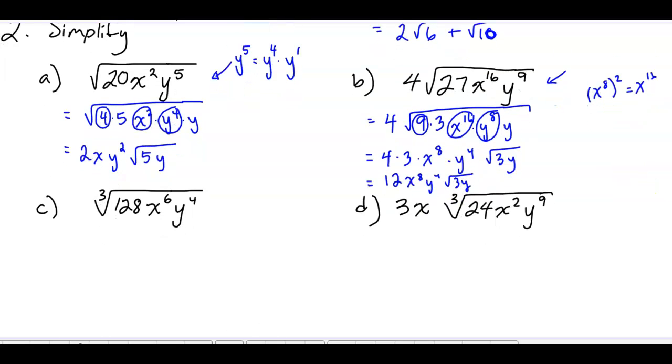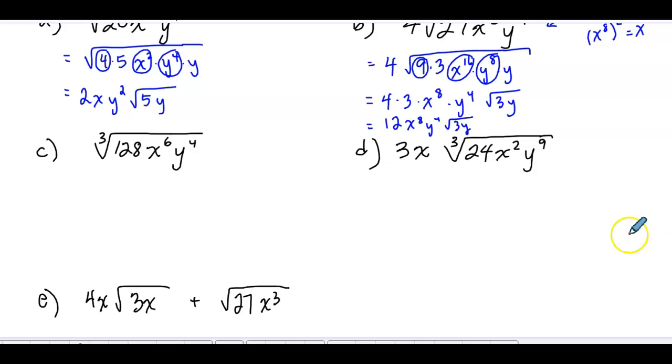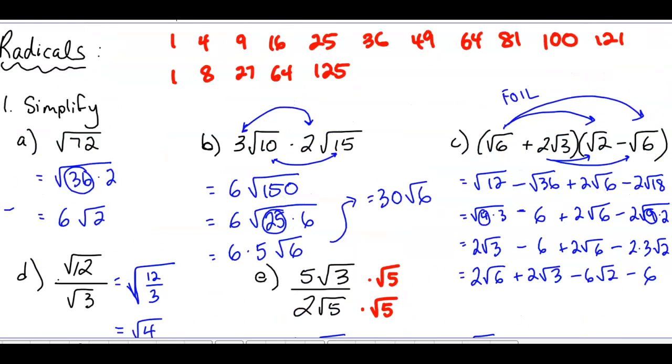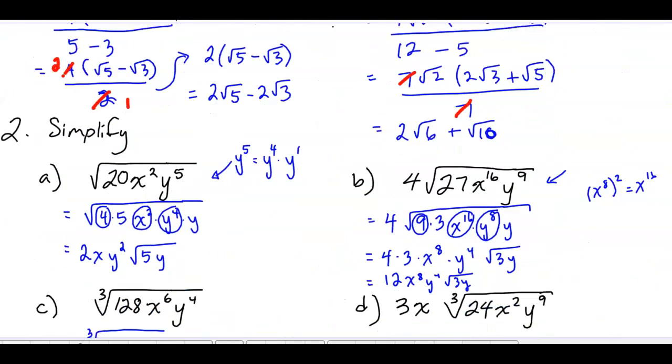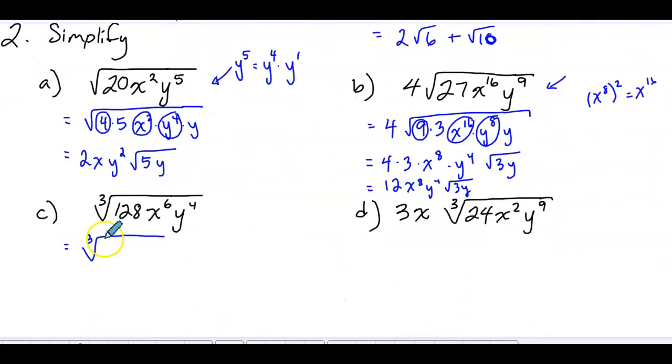Okay, and then cubed roots. Same process, except for cubes. So we're looking for perfect cubes. Perfect cubes, if you remember back to your perfect cubes I put up here, 64 goes into 128. So that's going to be 64 times 2.